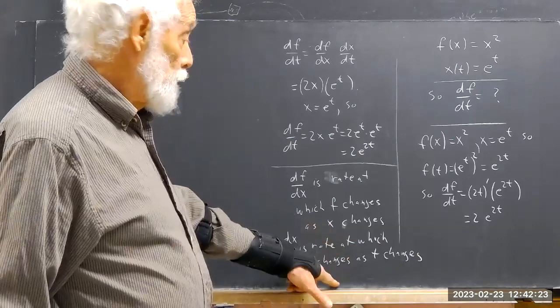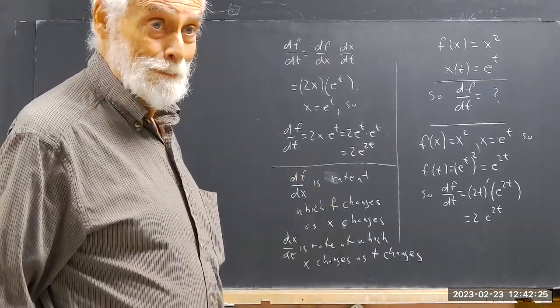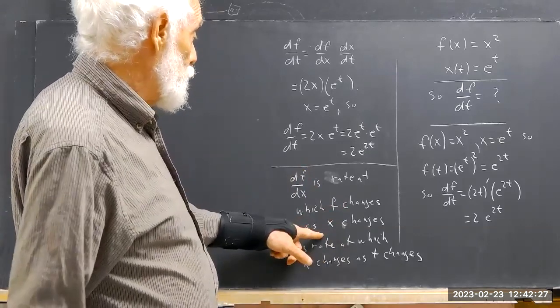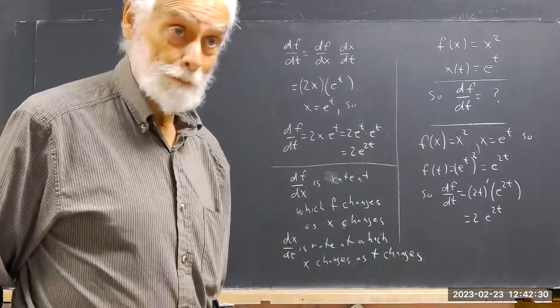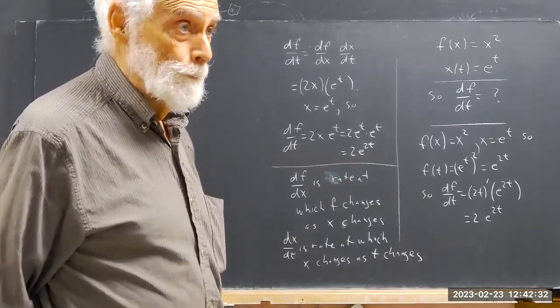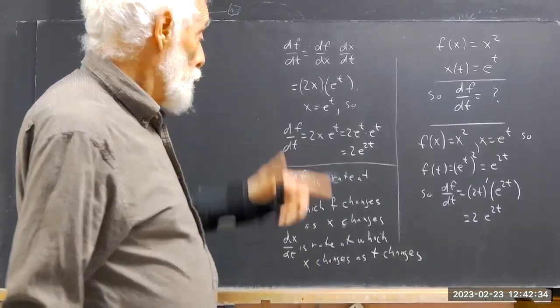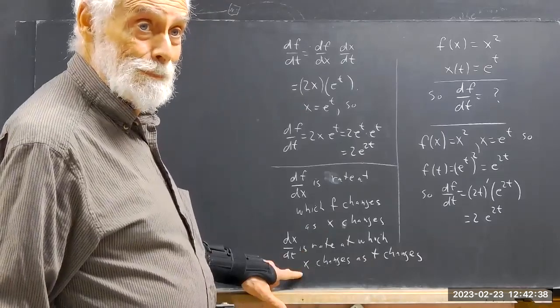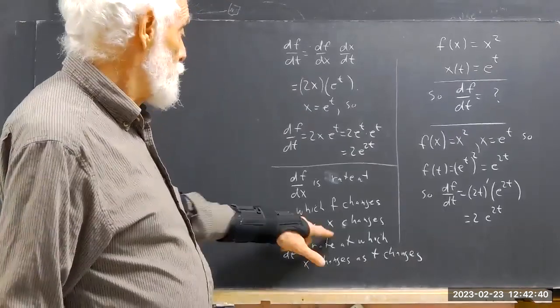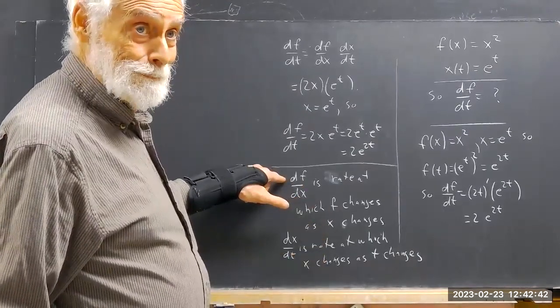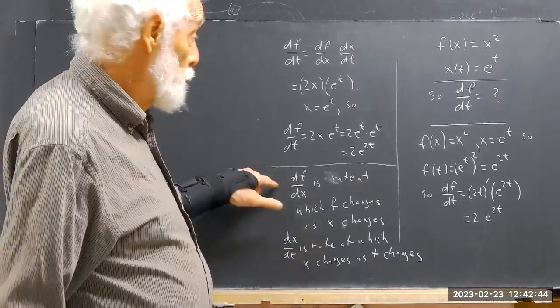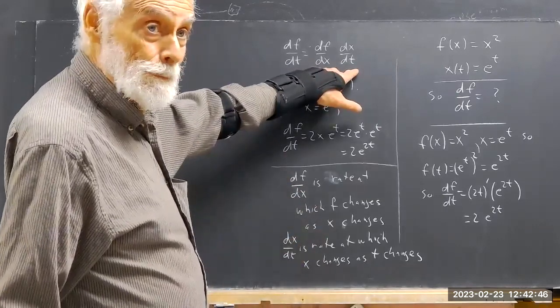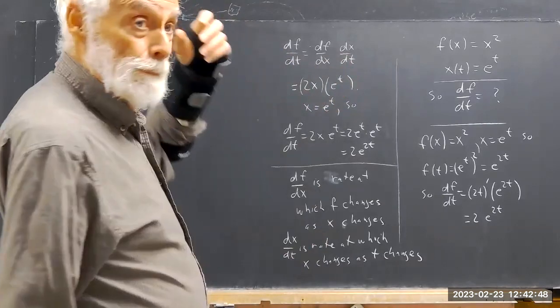So if t changes faster, x is going to change faster. And if x changes faster, f is going to change that much faster. Okay. So you multiply the rate at which t makes x change by the rate at which x makes f change. You multiply the two rates.